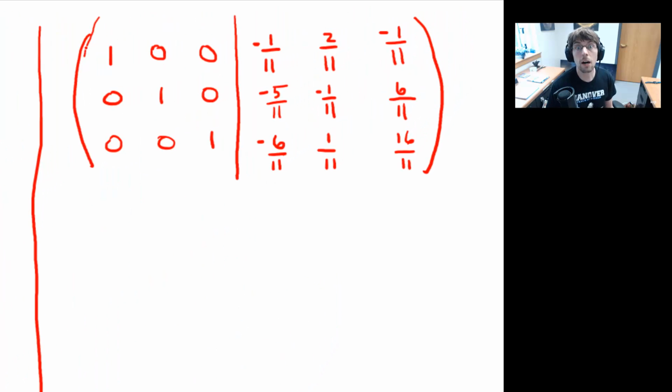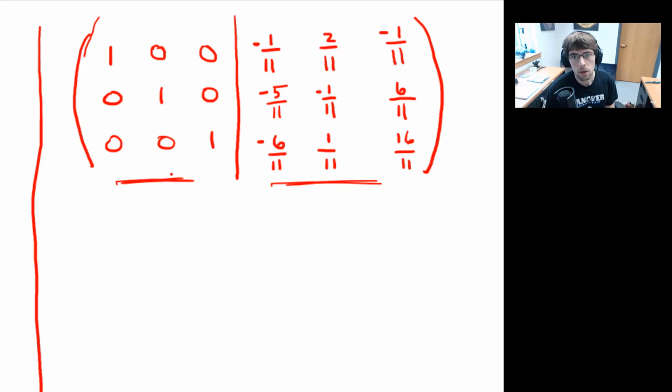So we have accomplished the task that we set forth. I said, if we can make the identity matrix on the left-hand side, then this right-hand side is indeed my inverse. Let's take a step back. What did we do?